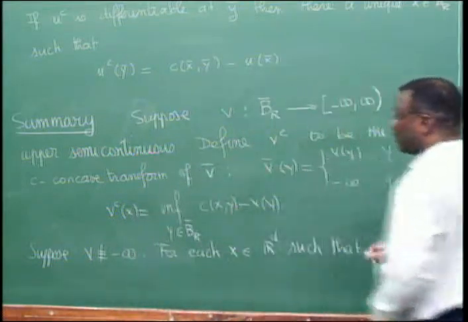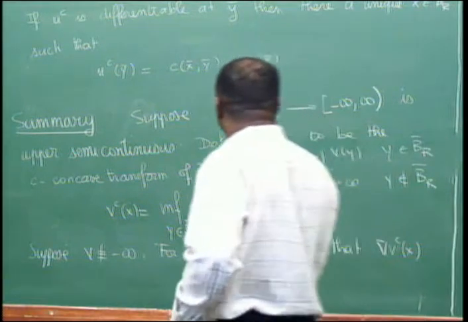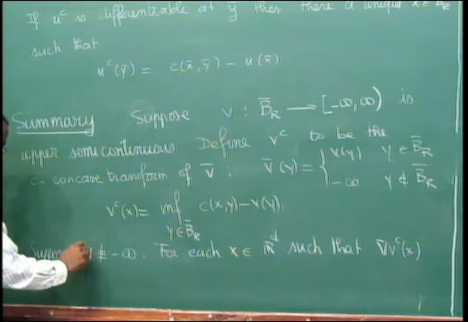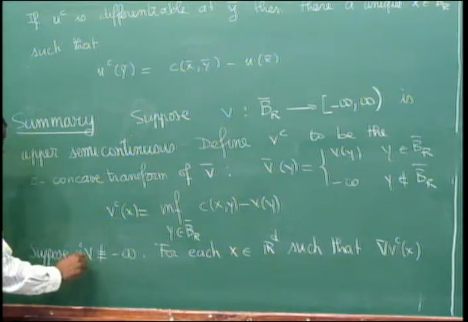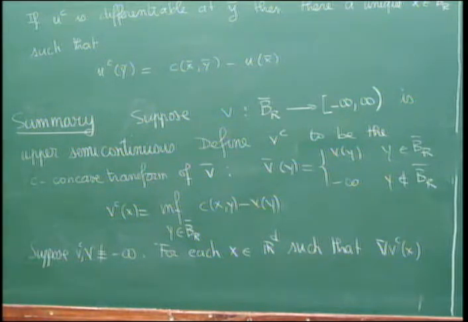You mean V and VC different from minus infinity? Yes, it's V. So I will say suppose V and VC are not minus infinity, because if V was minus infinity, VC would be identically plus infinity.